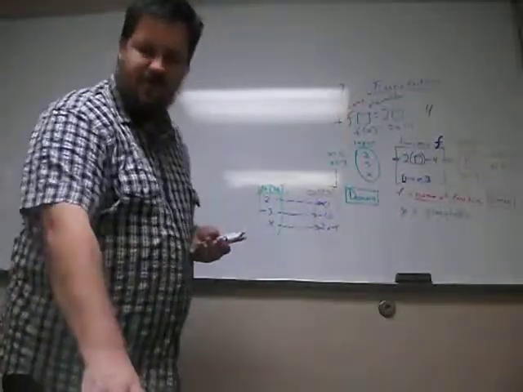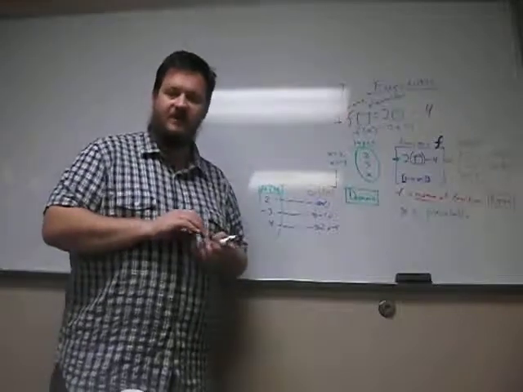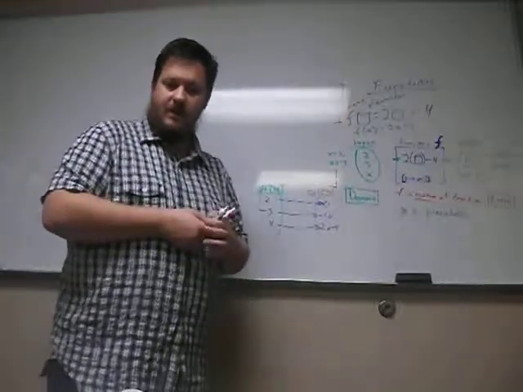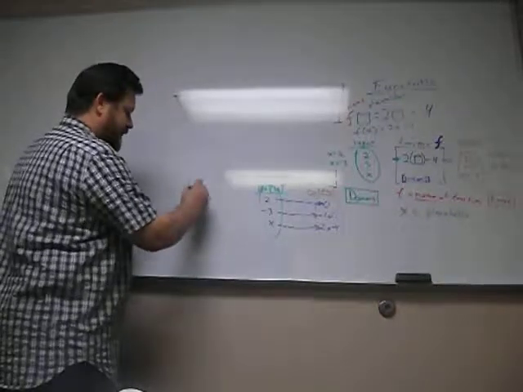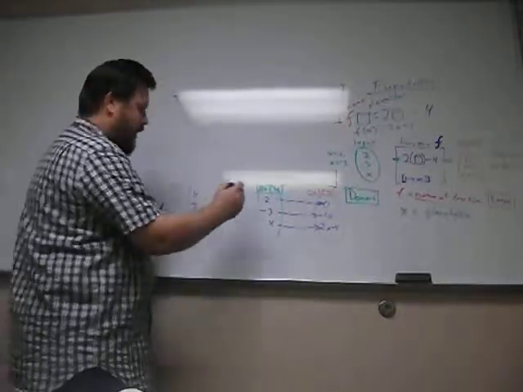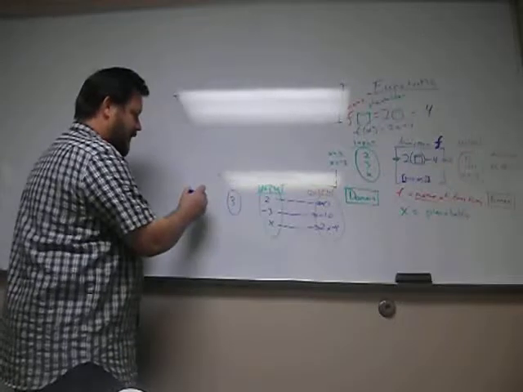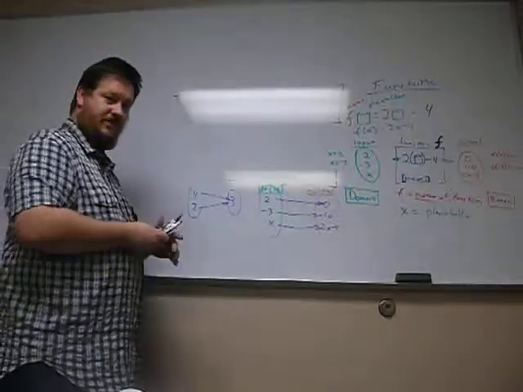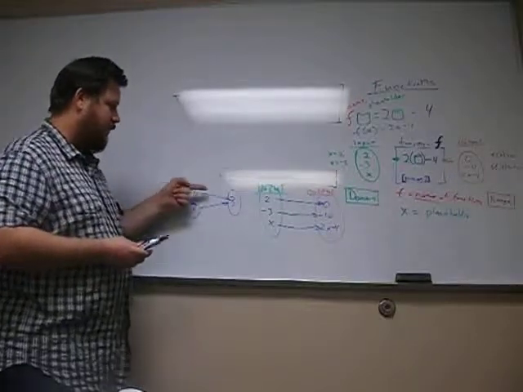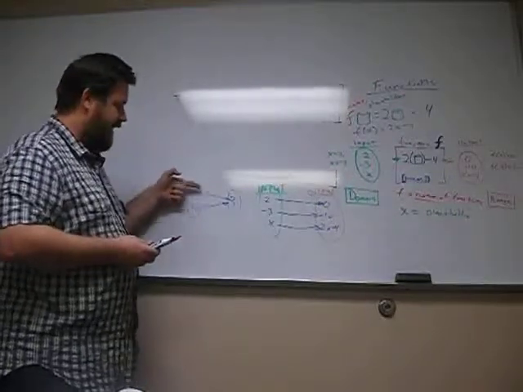So in the example on page 155, the first example has a 4 and a 2, and then a 3 over here, with an arrow like this and an arrow like this. This is okay. This is still a function because plugging in a 4 gives me a 3. If I plug in a 4 again, I still get a 3.